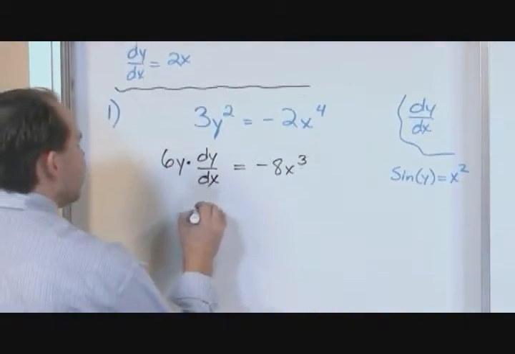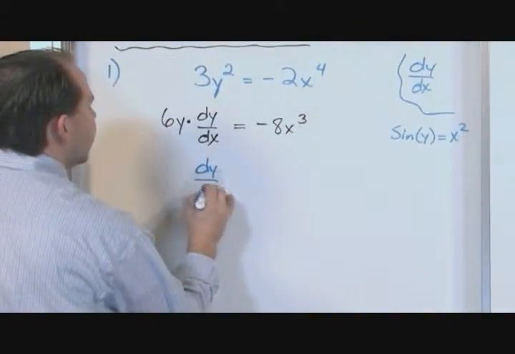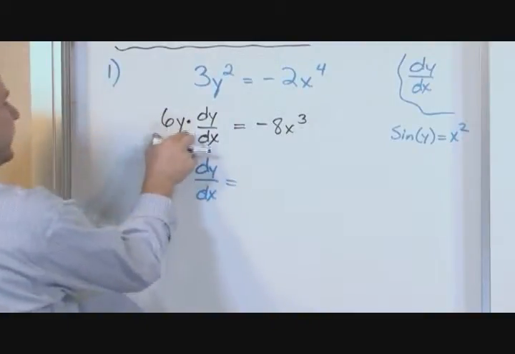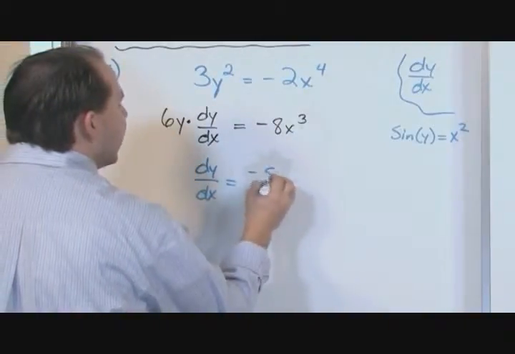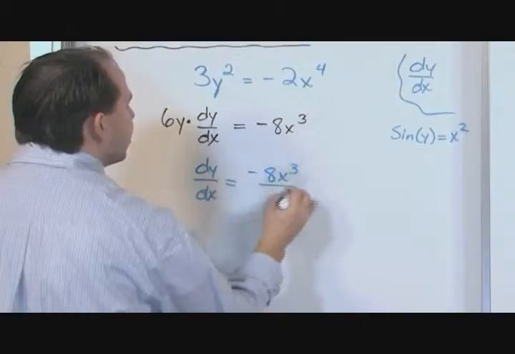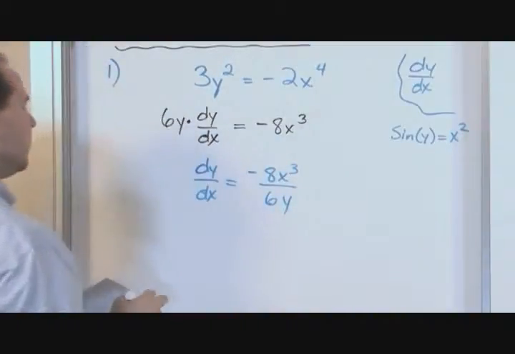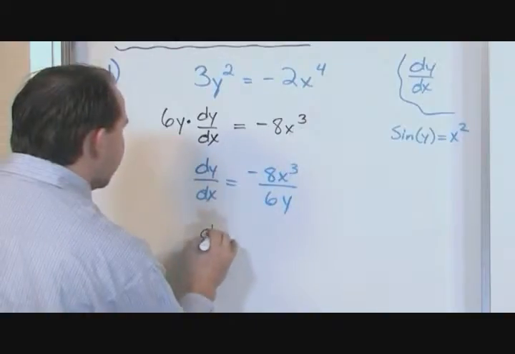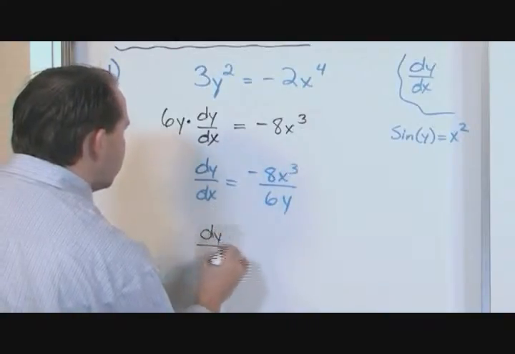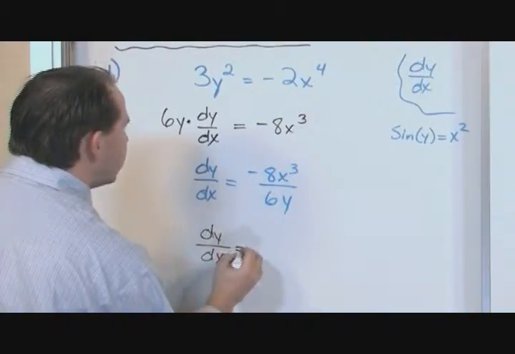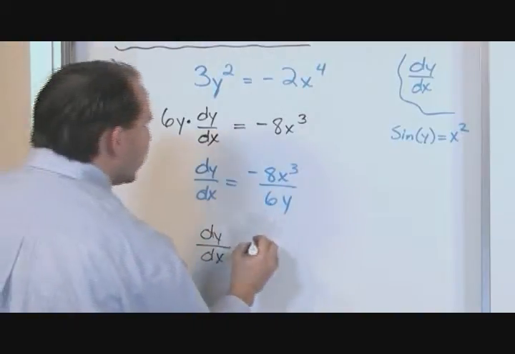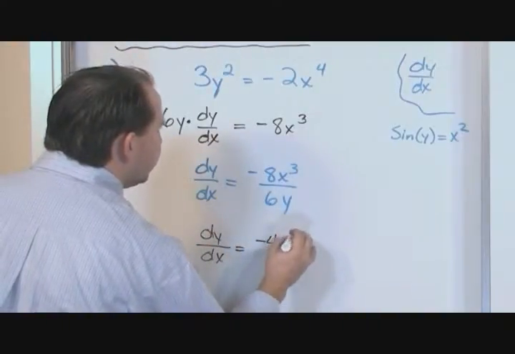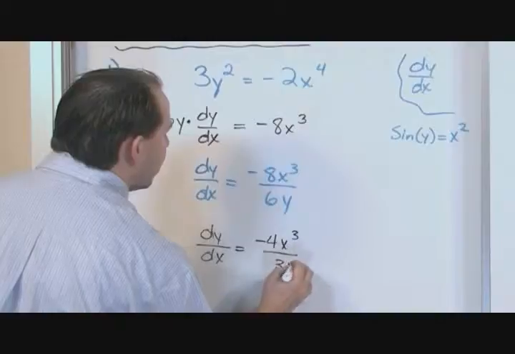So what we'll have is dy dx is equal to, when we divide by 6y, negative 8x cubed over 6y. And so ultimately, when we simplify this fraction, we'll get dy dx is equal to negative 4x cubed over 3y.